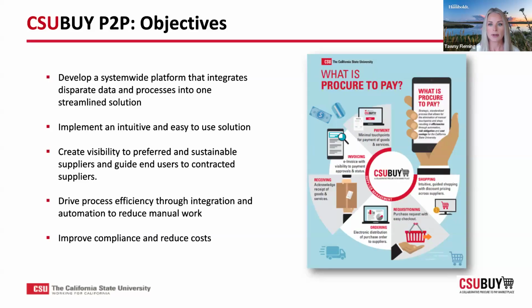While P2P will integrate with PeopleSoft CFS, allowing for necessary financial synchronization, the day-to-day work will take place within the P2P platform. For example, users will initiate and approve requisitions, manage POs, and review receipts and invoices, all within P2P.